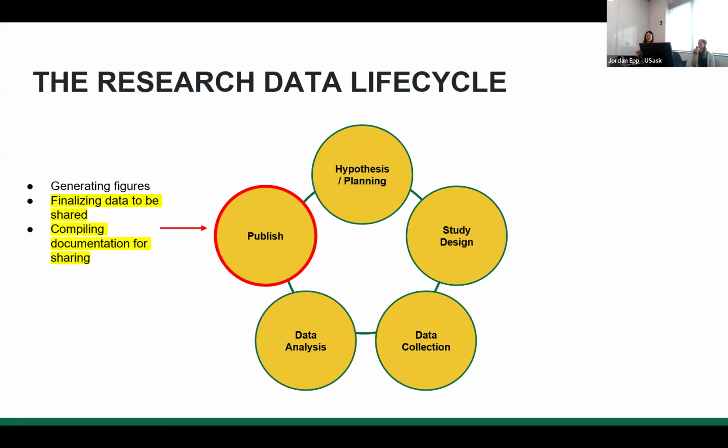At that publishing stage, you're thinking about finalizing what kind of data will actually be shared in a repository. Going back to the idea of publishing your articles, a lot of what publishers are saying nowadays is that your data needs to be available in a repository. So which repository are we going to use?